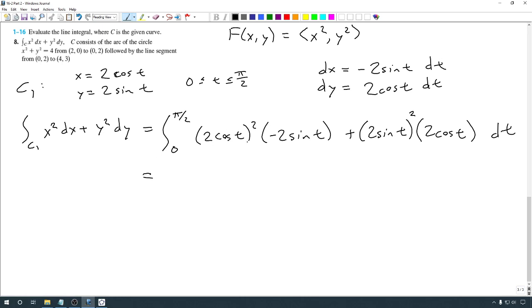Of course, in both of these, we have 3 copies of 2. So we end up getting to pull out an 8. We have a negative sine t cosine squared t plus sine squared t cosine t.